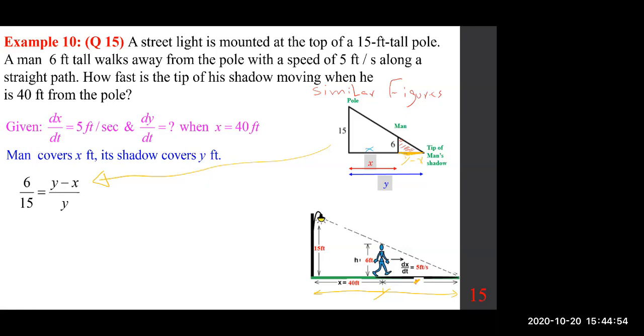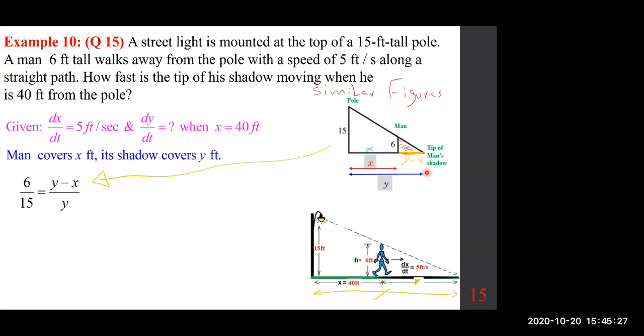The small triangle has the sides y minus x and 6. The big one, corresponding to 6, has a side 15. Corresponding to the little side y minus x has this whole thing. What is this whole thing? y. I hope everybody understands what's happening.